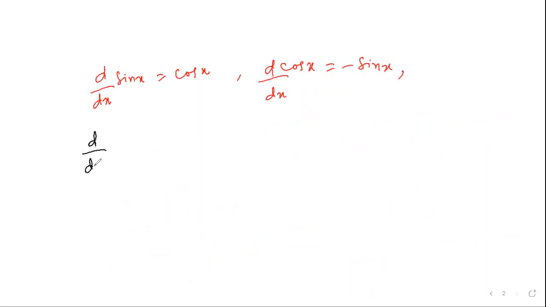You know derivative of some elementary functions from your previous classes. You know d by dx of sine x is cos x. You know d by dx of cos x is minus sine x. You know d by dx of e raised power x is e raised power x.